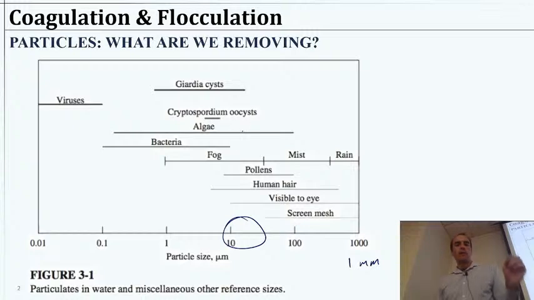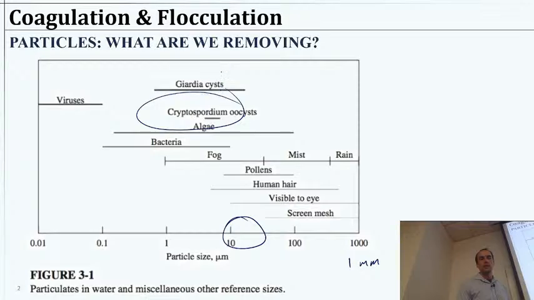Now, if we take a look at some of the more pathogenic things that we might care about, we'll see we have what are called Giardia and Cryptosporidium cysts. These are pathogens that are single-celled organisms, but the large kind. So they're not quite bacteria. If you remember from biology, these are eukaryotic.